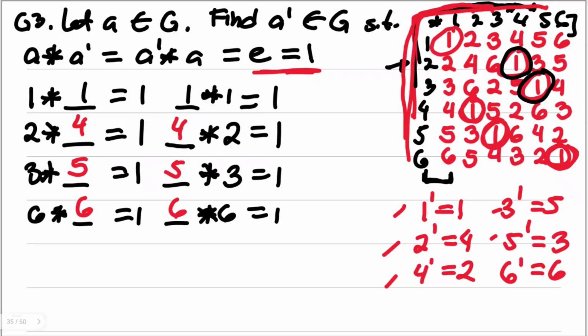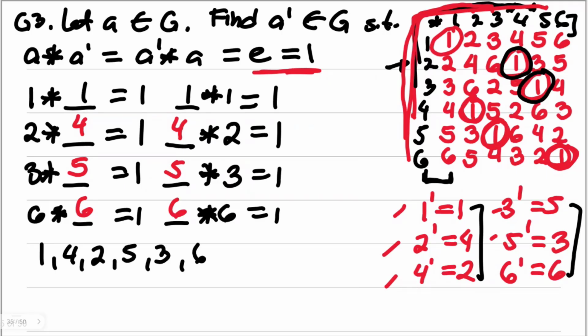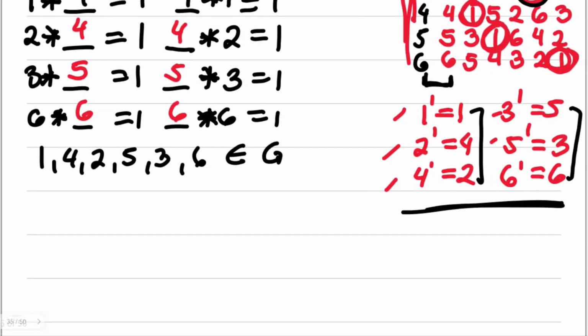So with this now, looking at all of this, the inverses for every element, 1, 4, 2, 5, 3, and 6 in the order presented here, are still elements of G, meaning they are still found in G. Therefore, G3 is satisfied.